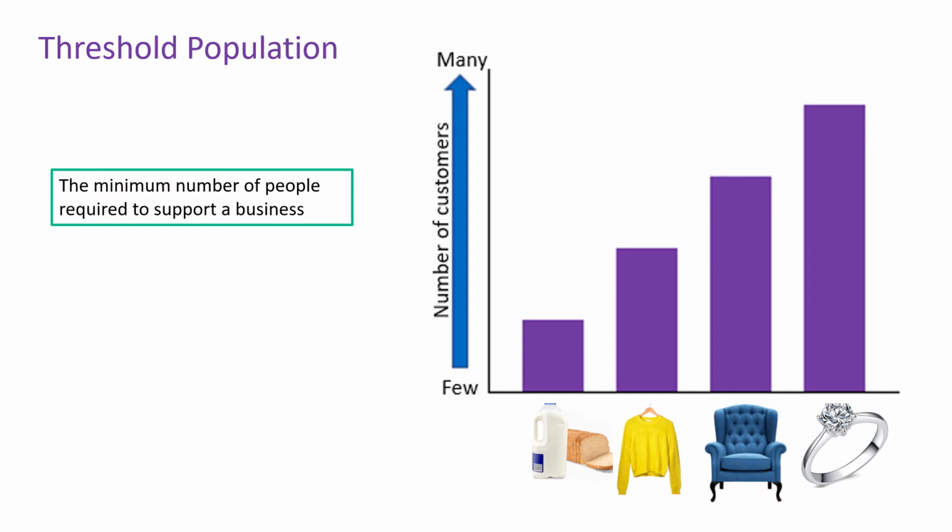You would only need a few customers to support that business. A clothing retailer, you'd need a little more. A furniture shop, you would need more. And finally, a specialized jeweler, for example, you would need a much higher threshold population.